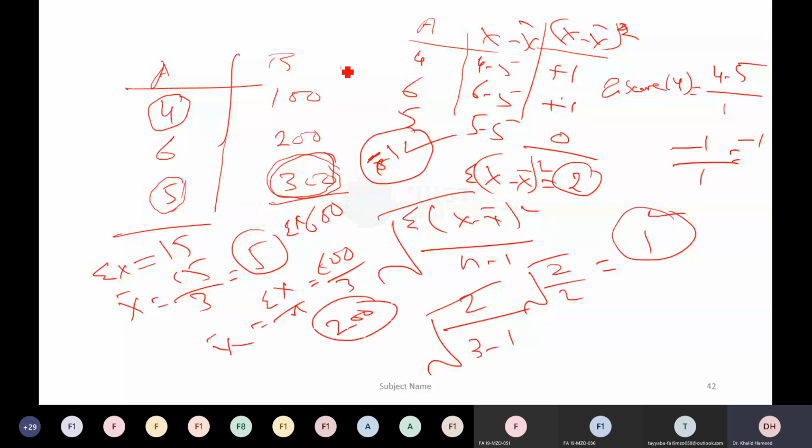So I do 100 minus 200, that will be x minus x bar, and then I have 200 minus 200, and then I have 300 minus 200. So I will have a situation like this: minus 100, 0, and then plus 100. And these are all values of x minus x bar.